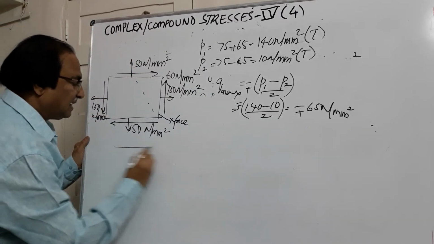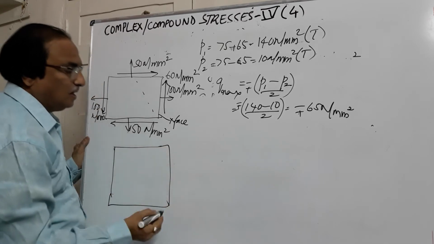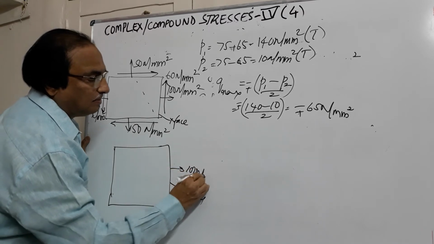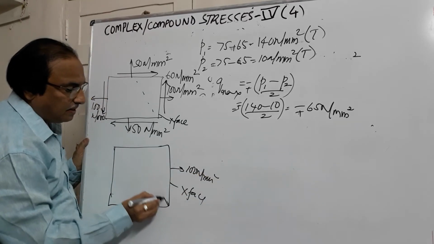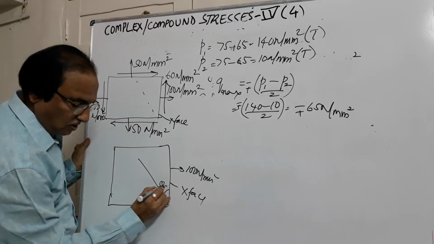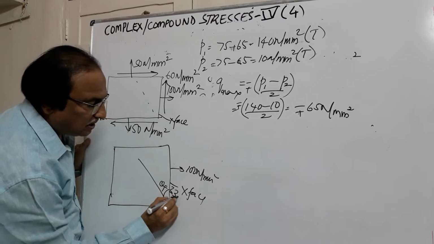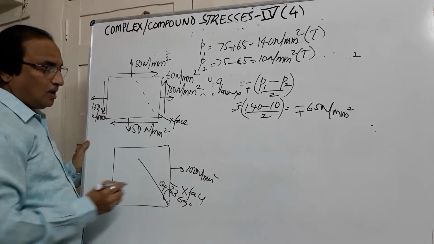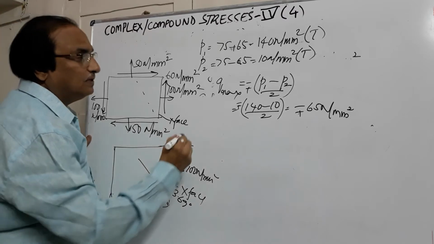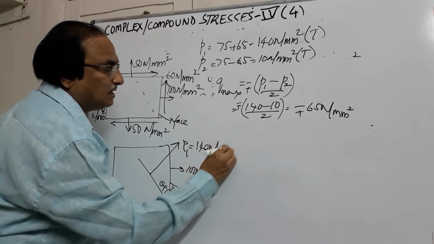Suppose I take this rectangle. This is my x face on which we see 100 Newton per mm square. I will draw a plane making an angle of theta 1, and we have got theta 1 equal to 33.69 degrees. On this plane we see the major principal stress P1, which is equal to 140 Newton per mm square. It is tensile.